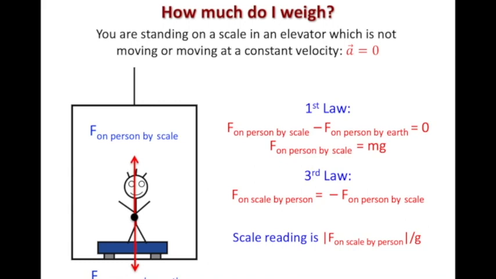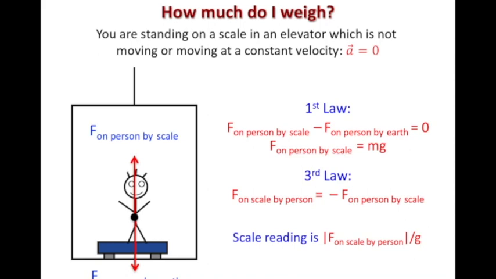So let's say I weigh 50 kilograms, I step on the scale, gravity pulls me down with a force of 50 times 10, so 500 newtons. And since I'm not moving, I know that the scale must be pushing up with 500 newtons, right? So my net force is 0. And since I'm being pushed up by the scale with 500 newtons, that means I'm pushing down on the scale with 500 newtons.